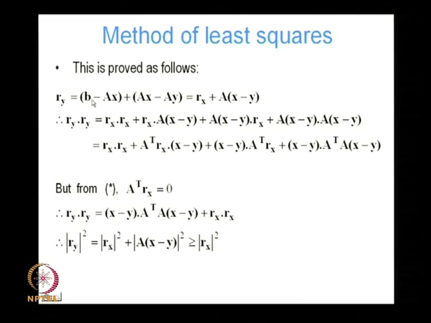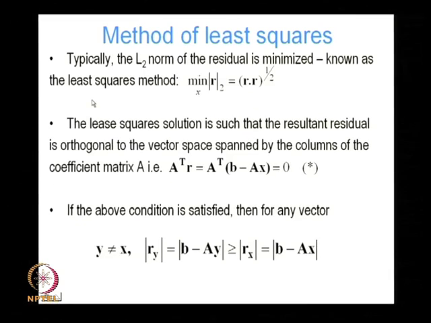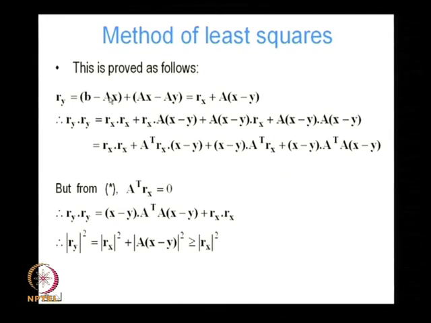Recall how we defined ry: ry is equal to b minus Ay. I write it as b minus Ax plus Ax minus Ay, but b minus Ax is equal to rx, my residual for my least squares solution x. So ry is equal to rx plus Ax minus Ay.